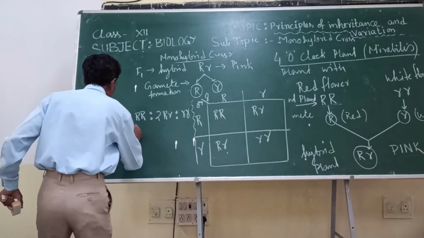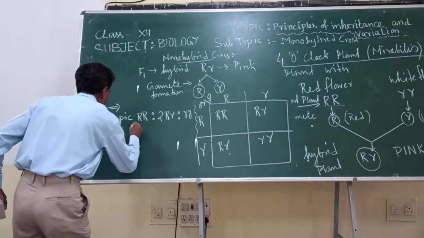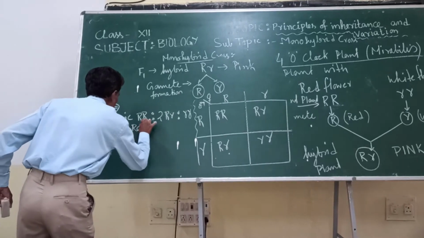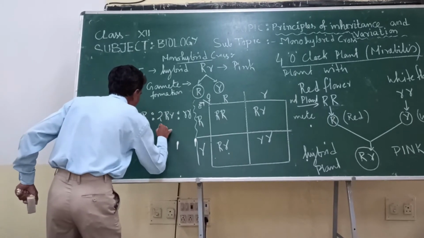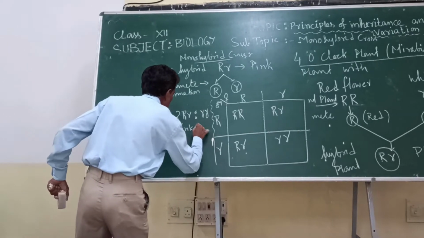What is this? The observable property he saw, that is red, this is pink, this is white.